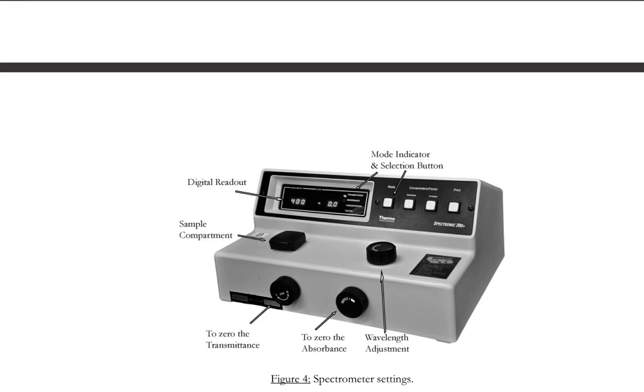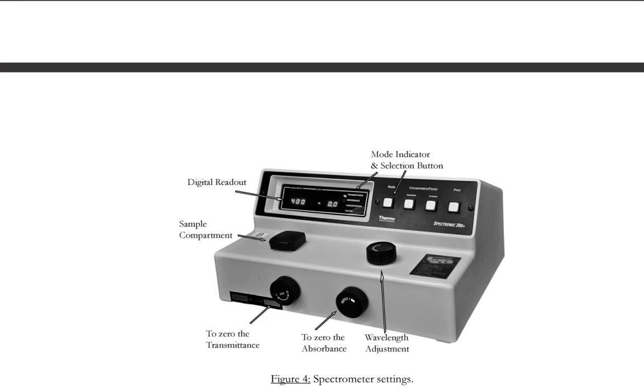In this example, the digital readout shows 400 nanometers, so that's the wavelength of the light being sent through the sample. And the absorbance shows up in the display. We have to do some zeroing and things like that. You can see to zero, we have to zero transmittance, we zero the absorbance.